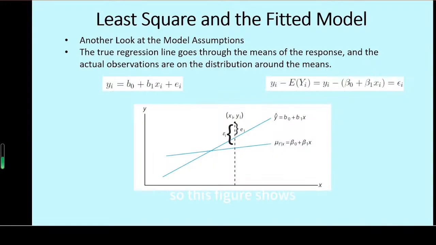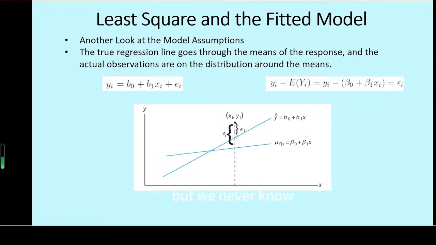So this figure shows the simple linear regression between y and x. This line is the true, real linear relationship between x and y.